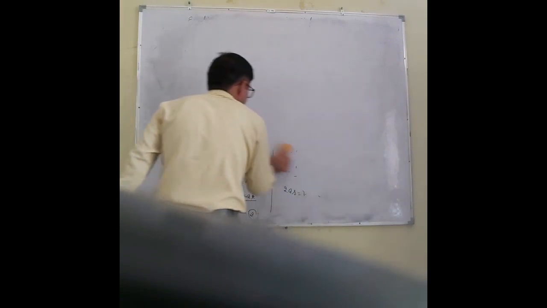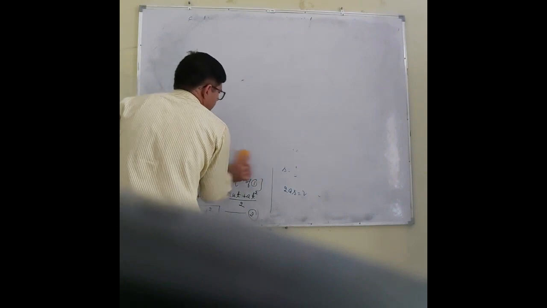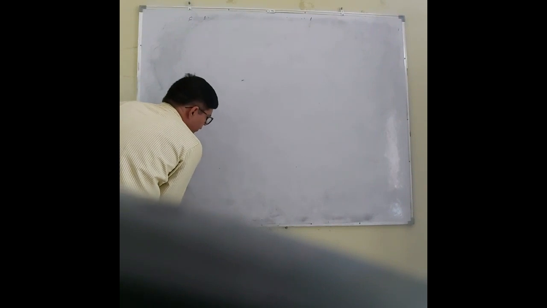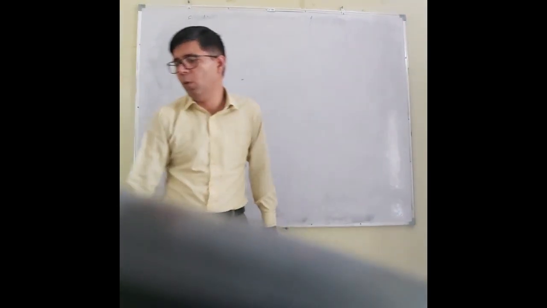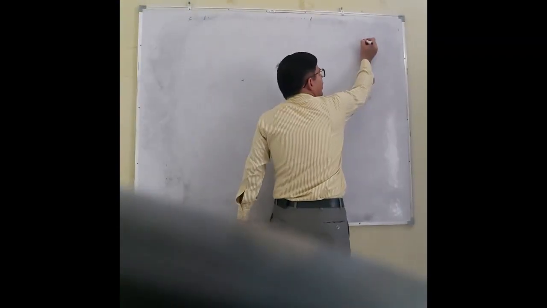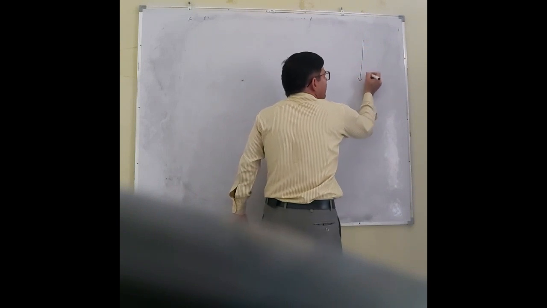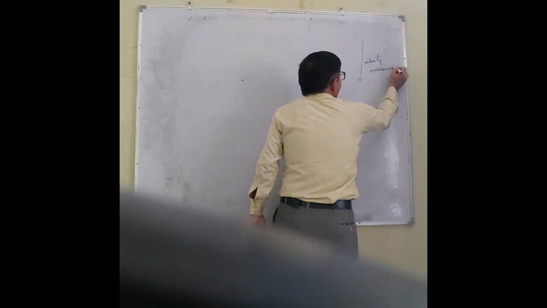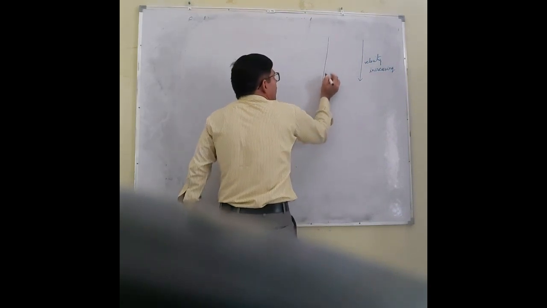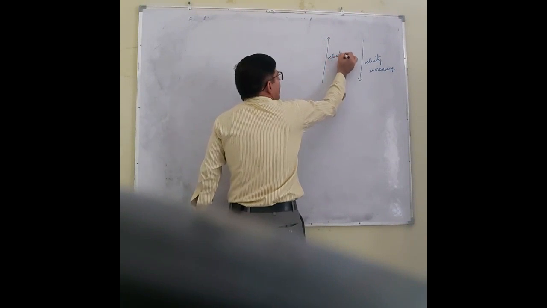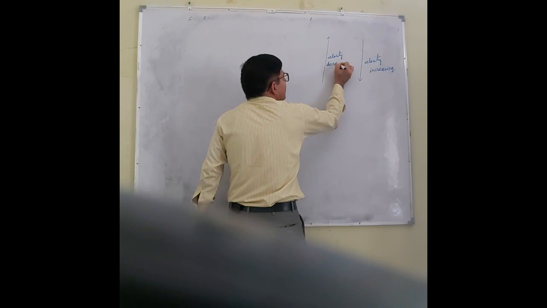A very simple example: when you play with a ball and the motion of the ball is in the downward direction, you will say that the velocity of the ball is increasing. And when you throw the ball upward, you will say that the velocity is decreasing.